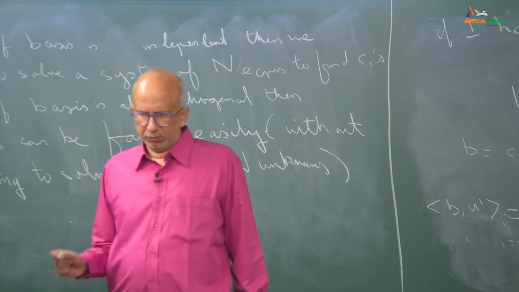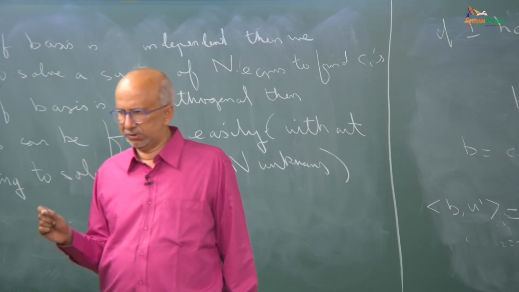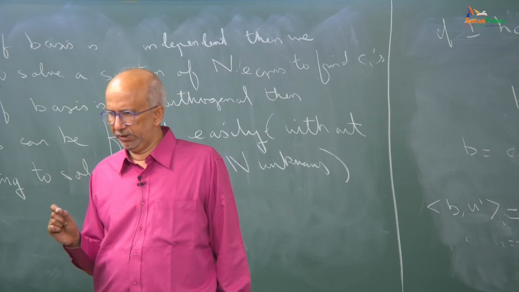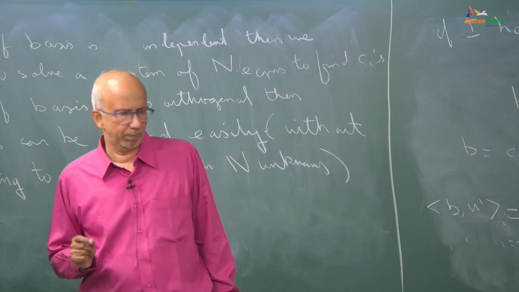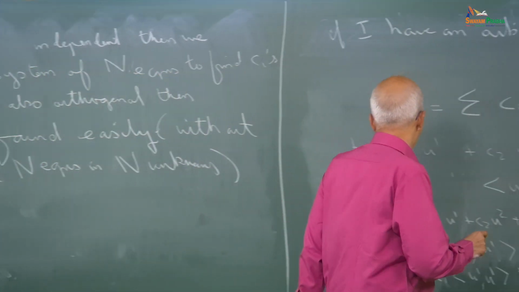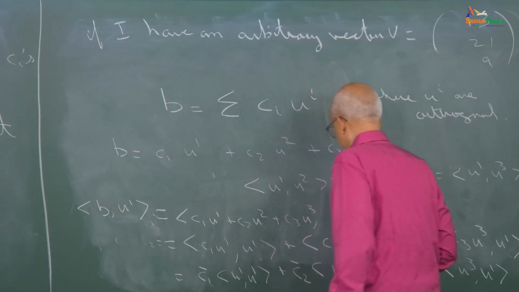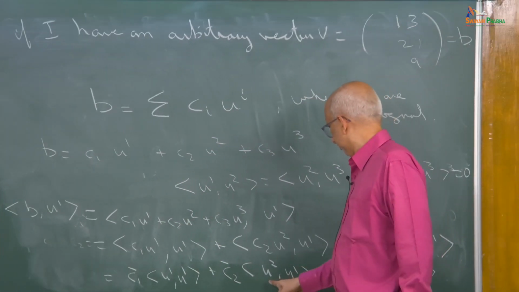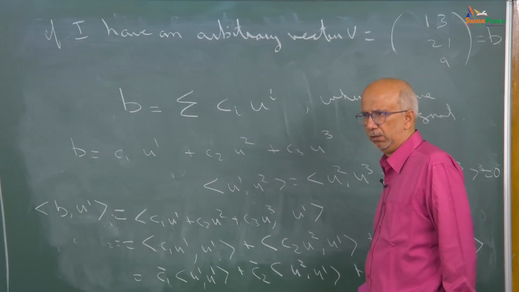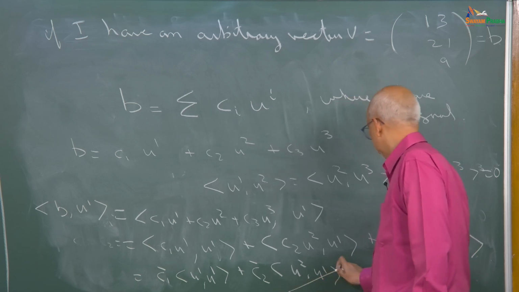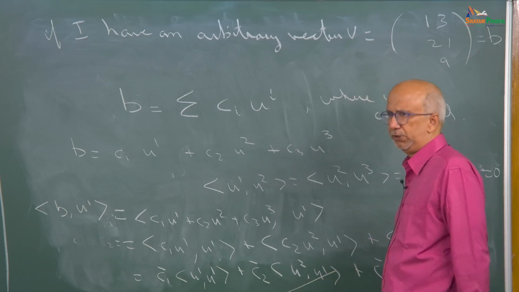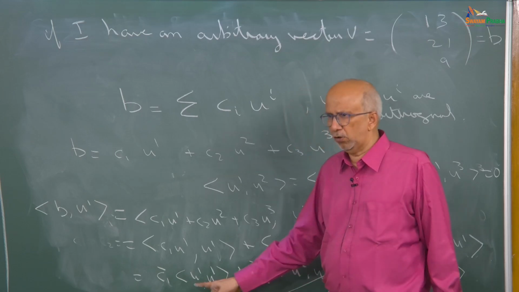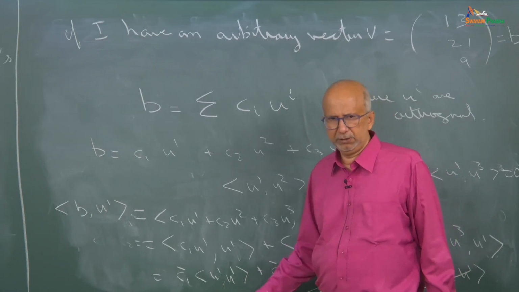These all come from the axioms which an inner product has to satisfy, which we saw earlier. Now, these two are orthogonal, so that goes to 0. These two are orthogonal, that goes to 0. U1 is not orthogonal to itself, so this will be present.